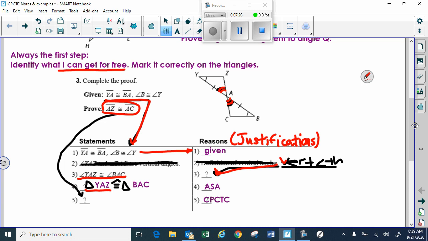So my last step is just to name that. I just drew an arrow down here to save time in the video. And then, of course, my justification is CPCTC: corresponding parts of congruent triangles, which I just proved congruent by ASA, are congruent. And that's a corresponding part. In this case, it's a side.